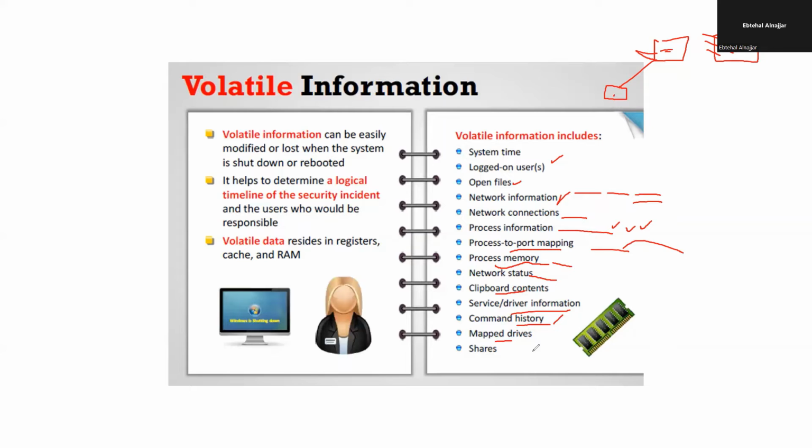Mapped drives: this matters if your computer all of a sudden is mapping a different drive from another computer. This is also important because attackers use mapping to see other computers' data on the same hard drive. Look at shares also. One of the things attackers love to do is see if there is an open share, and if they find an interesting one, they will open it and see what is inside.